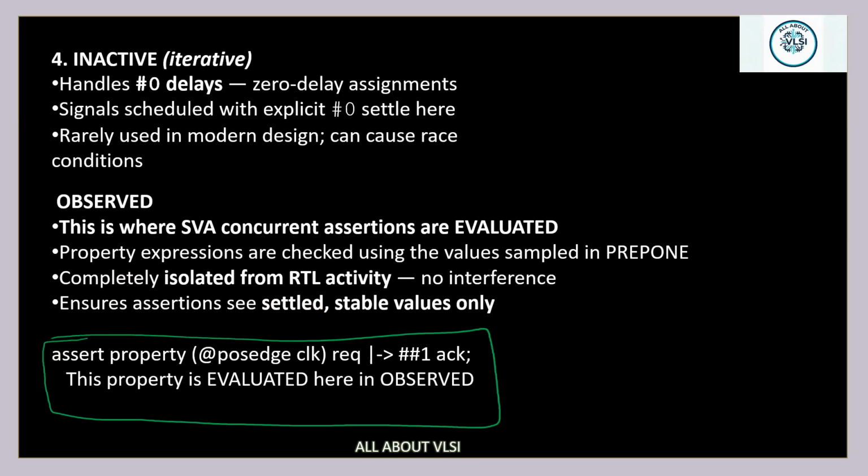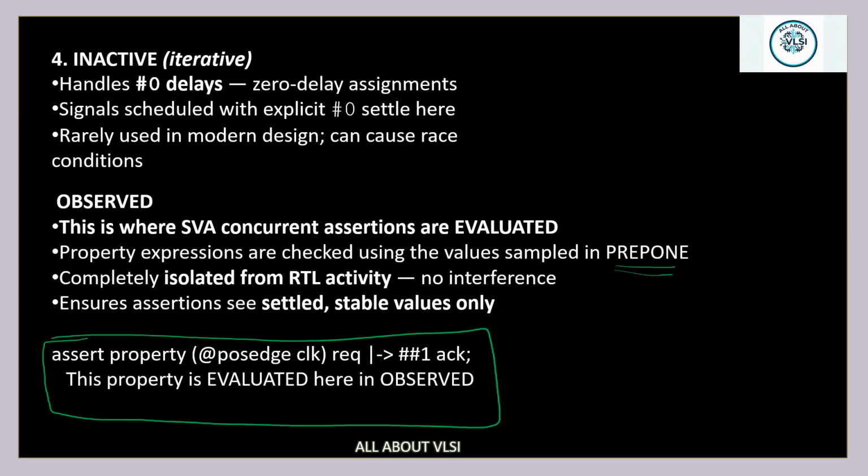The evaluation of this particular assertion is going to happen in the observe region, where the properties or the assertions are checked using the values sampled in the preponed region. Whatever values you sample in the preponed region, the evaluation of those values, whether correct or wrong, will be done in your observe region, right?